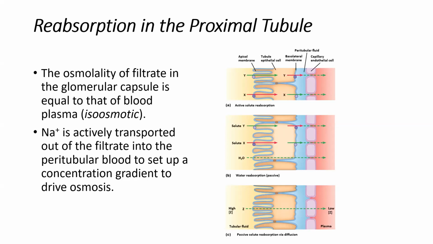So what we do is we pump solutes from the lumen of the tubule into the epithelial cell and then into the lumen of the capillary. And so we've got a high amount of solutes here, a low amount of solutes here, and we can then facilitate water freely moving according to osmosis down its concentration gradient.